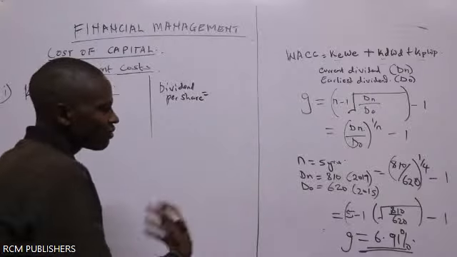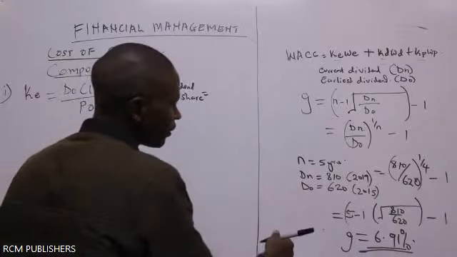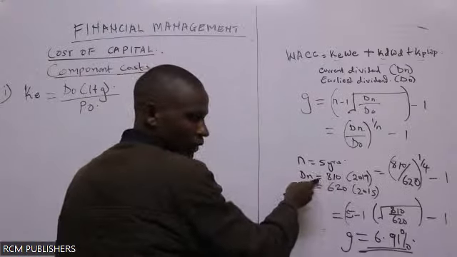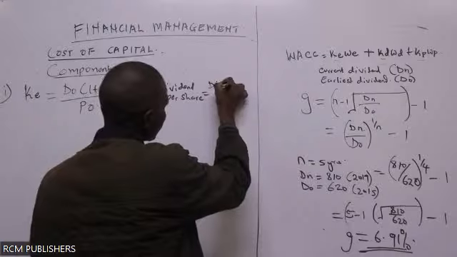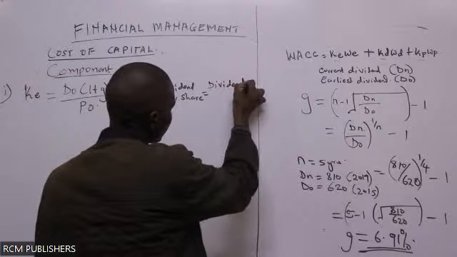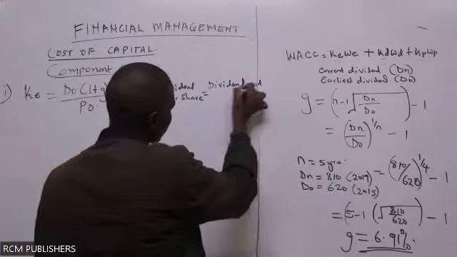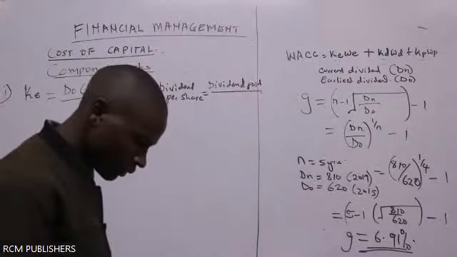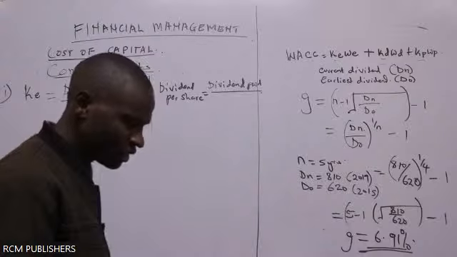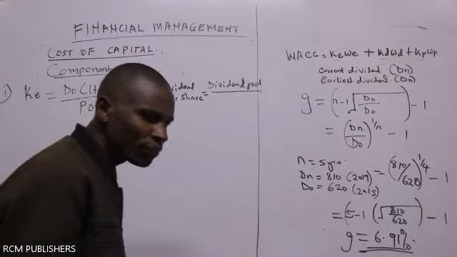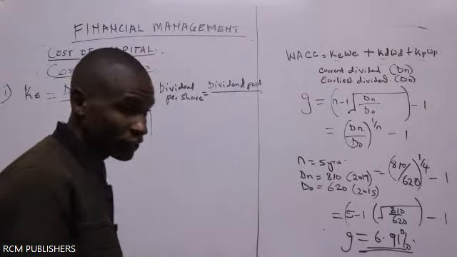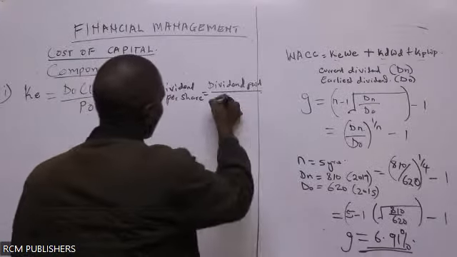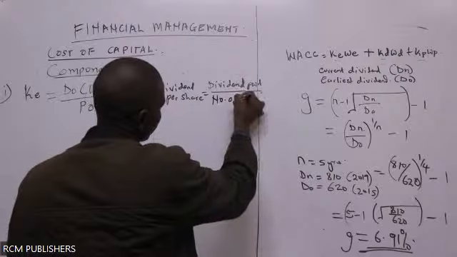I know that I have the dividend that was paid. First of all, I have to take the dividend paid in 2019, divided by what I'm given as the ordinary share capital, the 3 million. Yes, number of shares. Thank you very much.